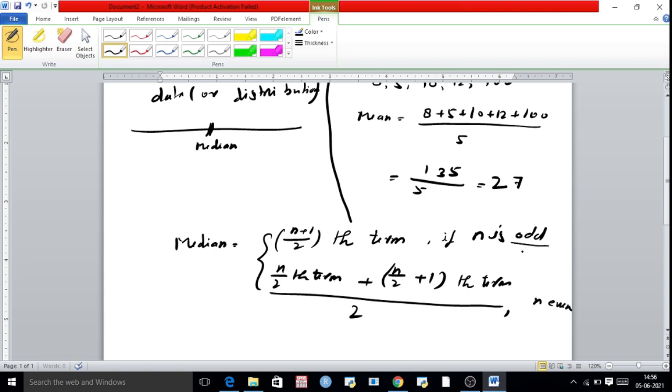Odd means values like 1, 3, 5, 7, and even means 2, 4, 6, 8, 10.